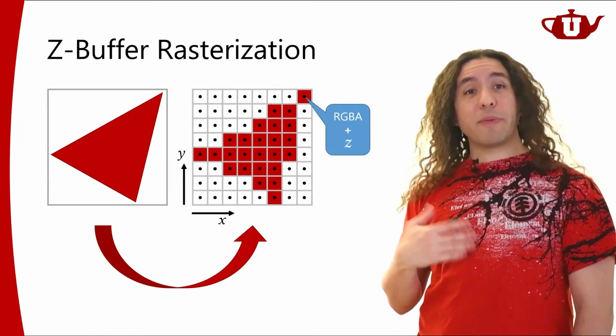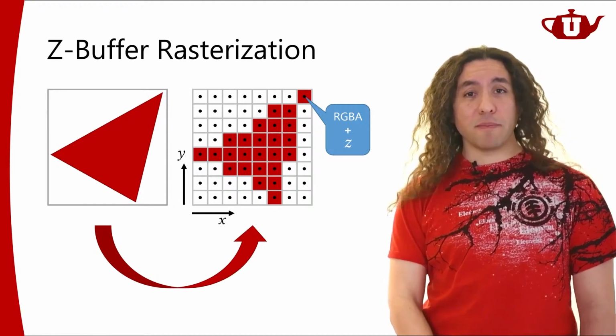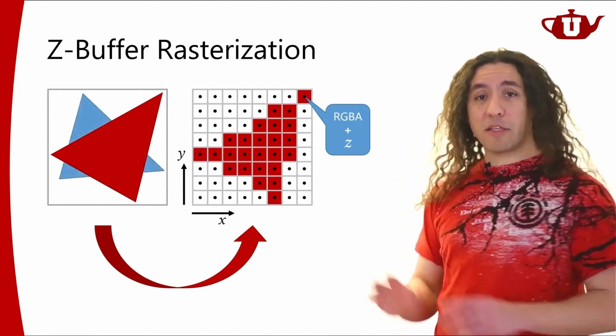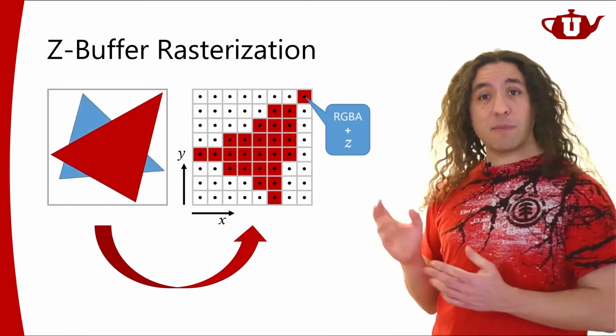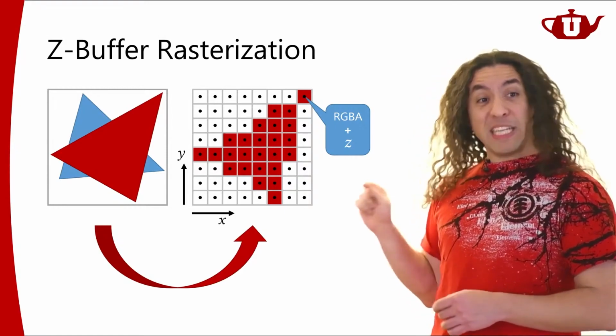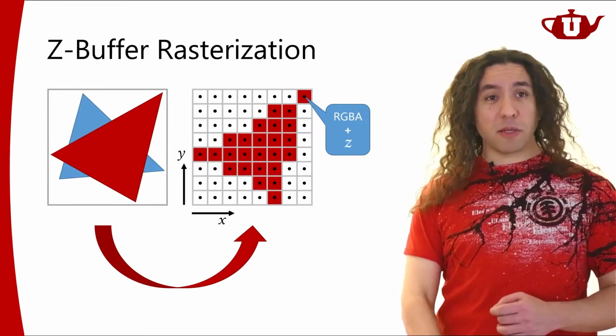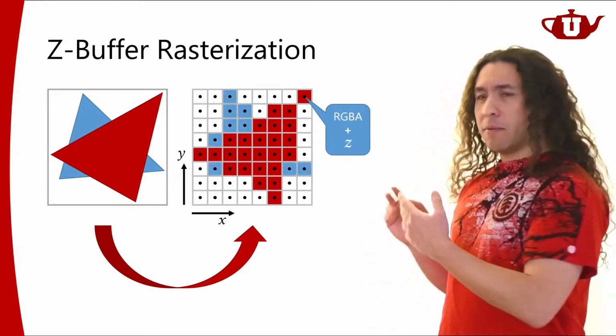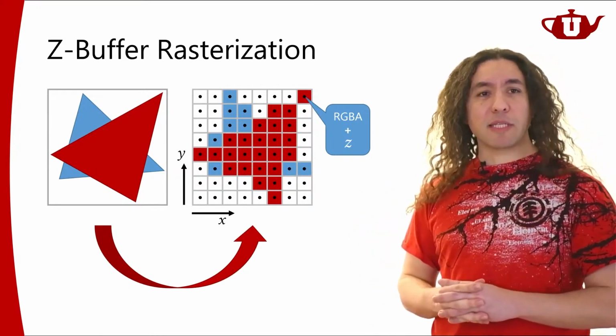And with that, we will be able to handle the visibility problem. So if I just put another triangle in the scene, Z-buffer rasterization will be able to figure out for each pixel which triangle is visible. So if this blue triangle is behind the red triangle, when I render it, I'll get an image that looks like this.